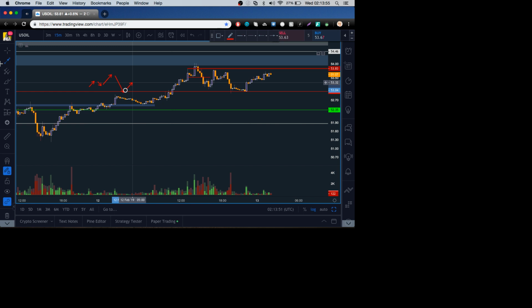So you've deviated above it, you've had this sharp move back down, breaking this swing low, and then you've retested back to this area where you should see a failed reaction.